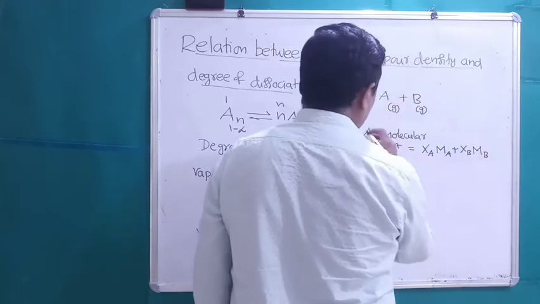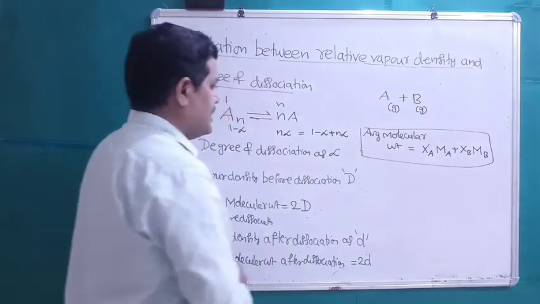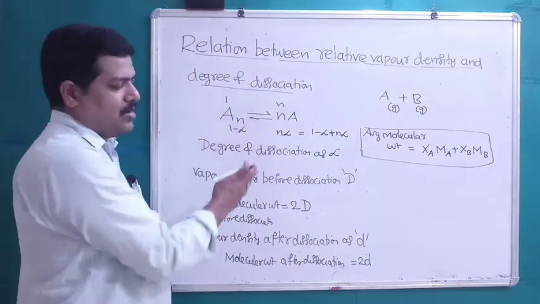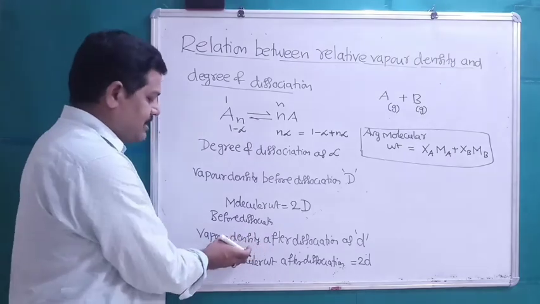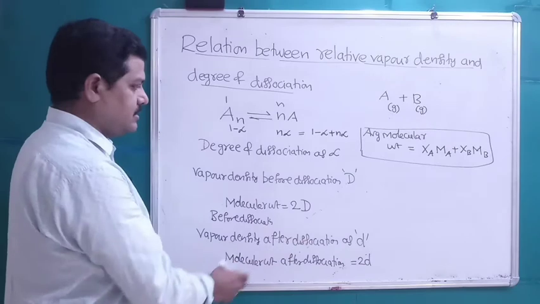This formula only we are going to use here, right? So at equilibrium condition, let us find out what is the average molecular weight. That is same as the molecular weight after dissociation, right?